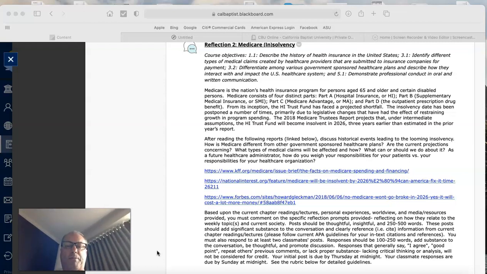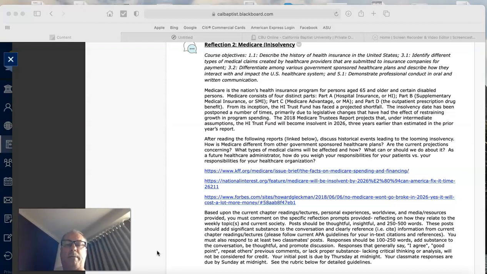So from its inception, the Part A portion of Medicare has continually faced a projected shortfall in terms of its economic sustainability. The insolvency date has been postponed over and over again, and that's primarily due to legislative changes that have had the effect of restraining growth in program spending.